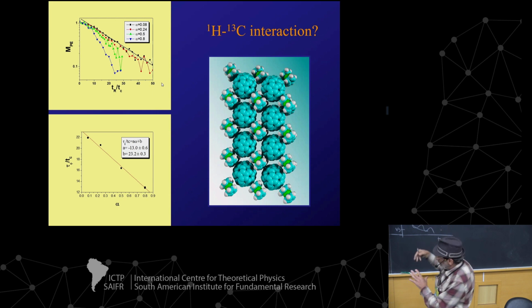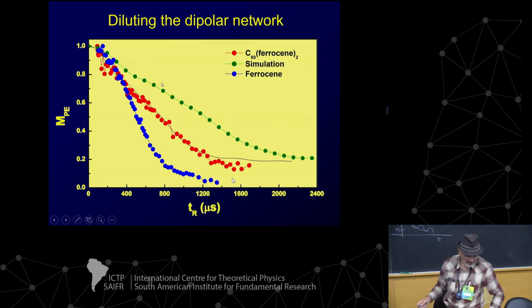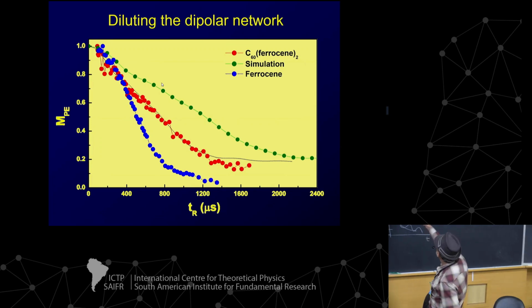The other spins are always there, but it's a longer time scale. And that's the experiment. This is the ferrocene, and this exponential is more or less the ferrocene diluted in carbon.